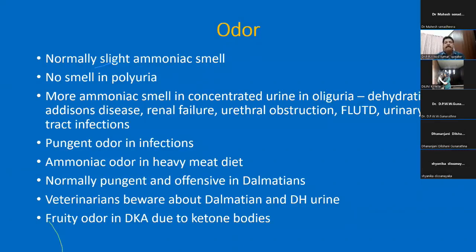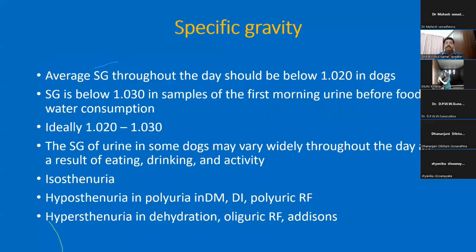I have burned 2-3 pants after dogs have urinated on them, and that smell will be there for months together. Anybody can identify it. Then fruity odor in diabetic ketoacidosis due to ketone bodies. Those are the different odors of urine. The specific gravity is very important.